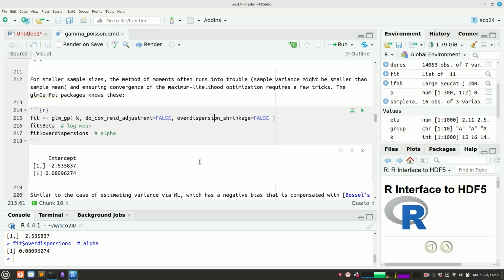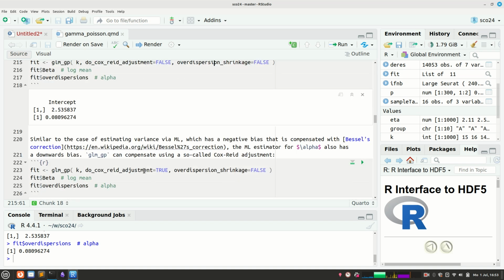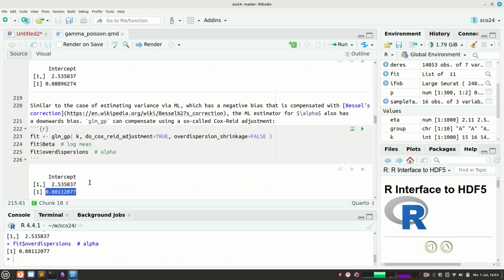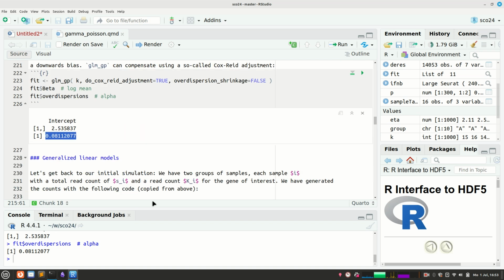I'll explain the over-dispersion shrinkage later. And if I switch on this Cox-Reid adjustment, then you will already see that my estimate for alpha goes up a bit because it was too low. It should be 0.09, but it's only 0.08, but it doesn't make much of a difference.